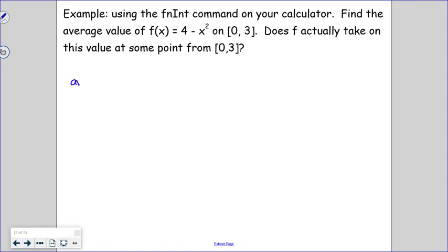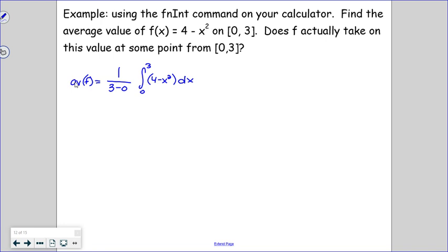So our average value is going to be 1 over b minus a, which in this case would be 3 minus 0, times the integral from 0 to 3 of our function, which is 4 minus x squared, dx. Then we go to our calculator.